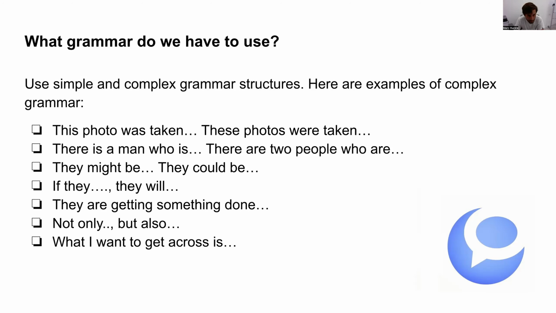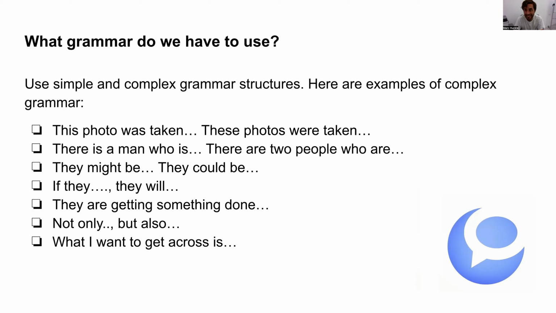We can speculate in different ways using modal verbs: they might be, they could be. You can also use words like maybe, perhaps, or the adverb probably. They are probably doing something. Perhaps they are. We use conditionals. We can use the first conditional: if they do lots of sport, they will get fit.